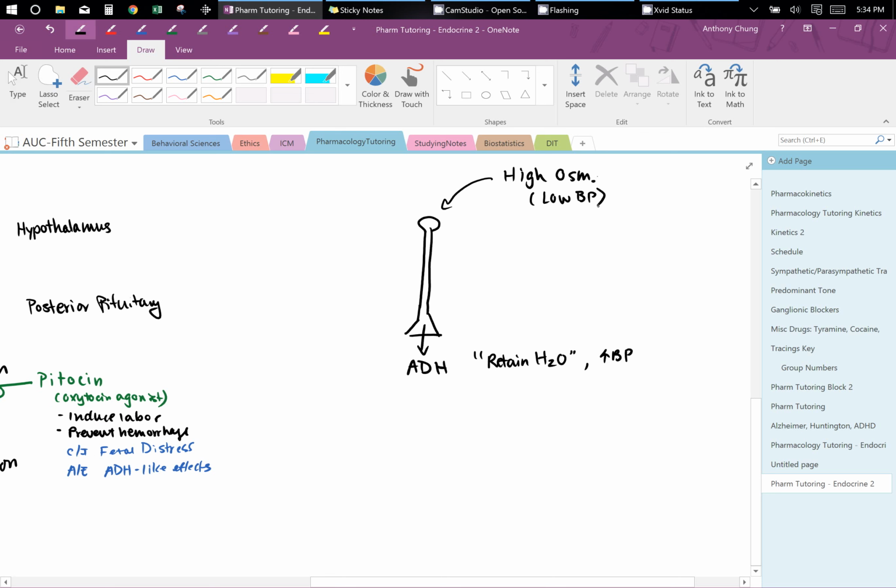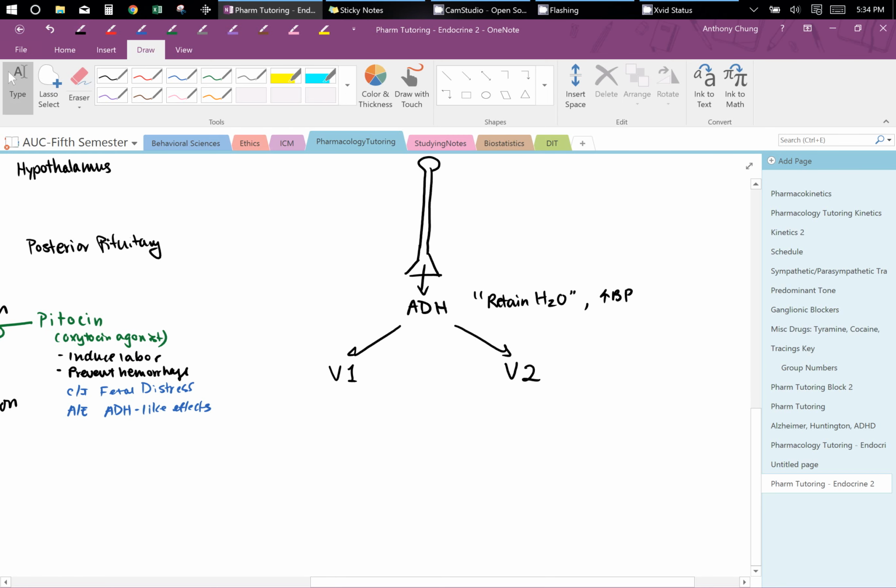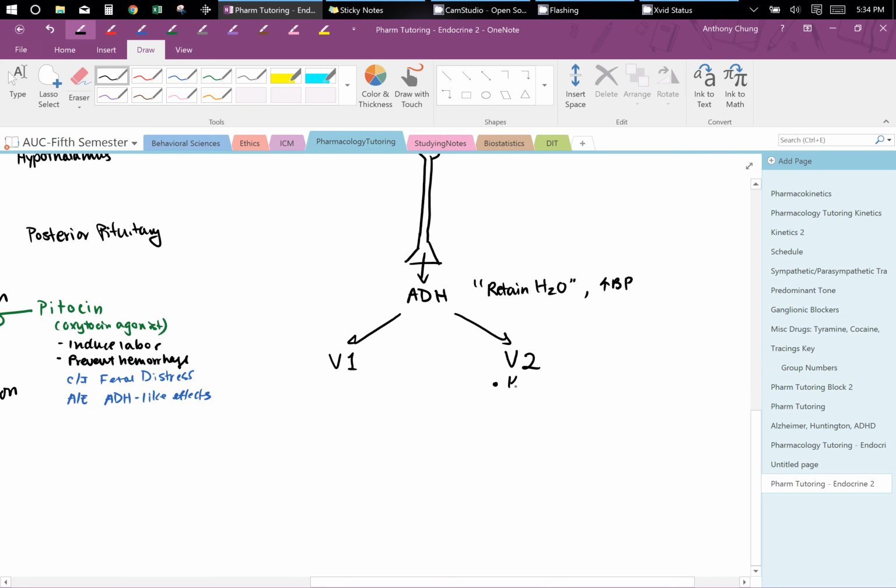All right, so there are two types of receptors that ADH can bind to. There is V1 and there's V2. I'm going to go over V2 first because that's typically what people think of. V2 you find in the kidney, and that's the one that inserts aquaporin.